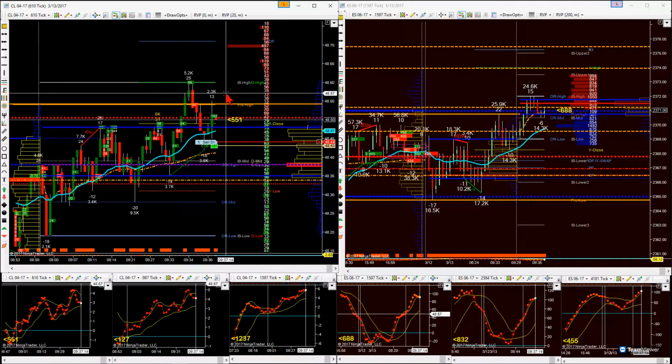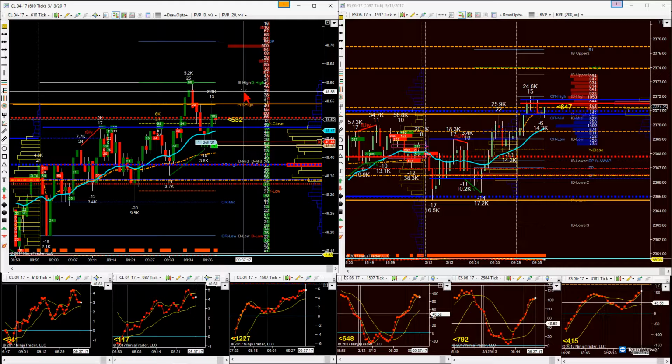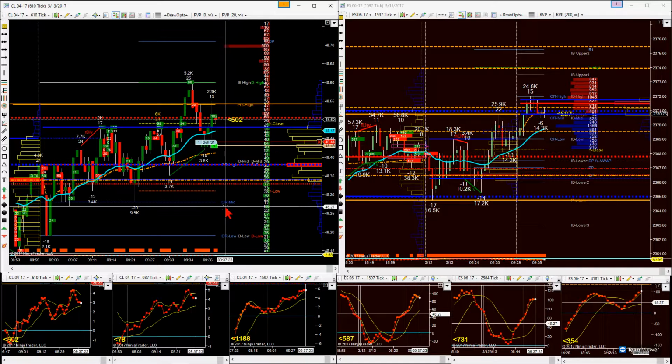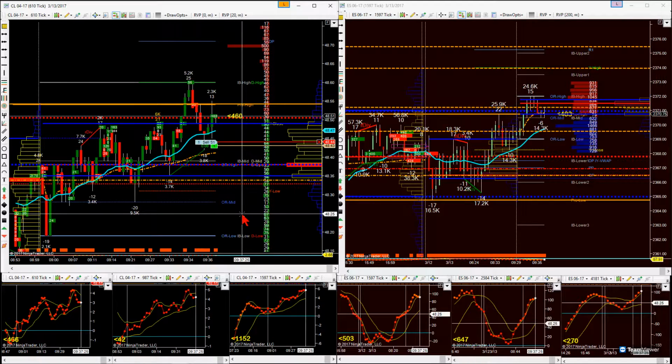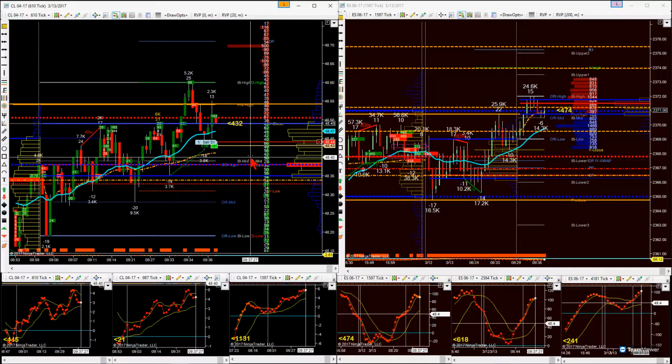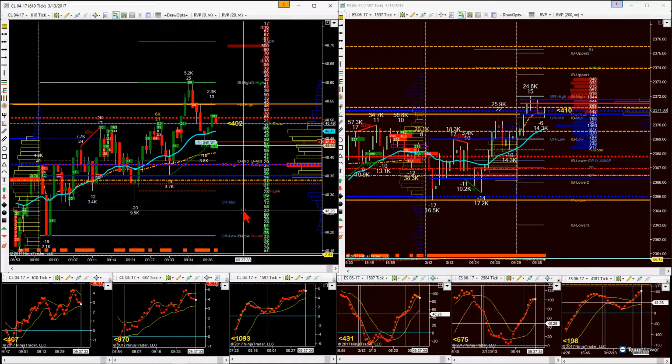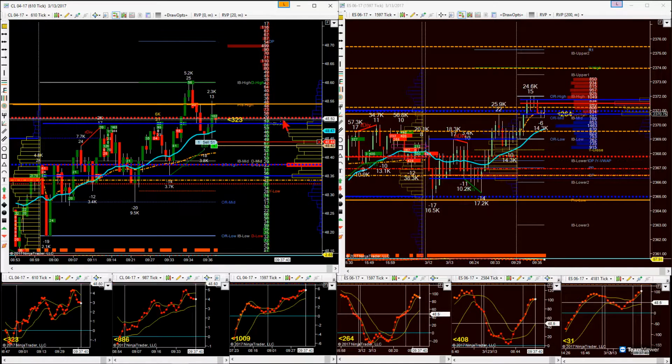Do have negative divergence up here. This overnight high is kind of bothering me. I've only got the one contract. I got my stop at break even. I'm kind of okay with that right now. You see a lot of jostling happening here.